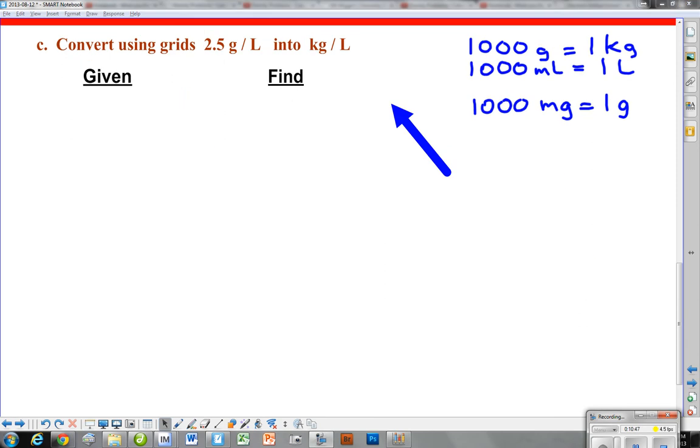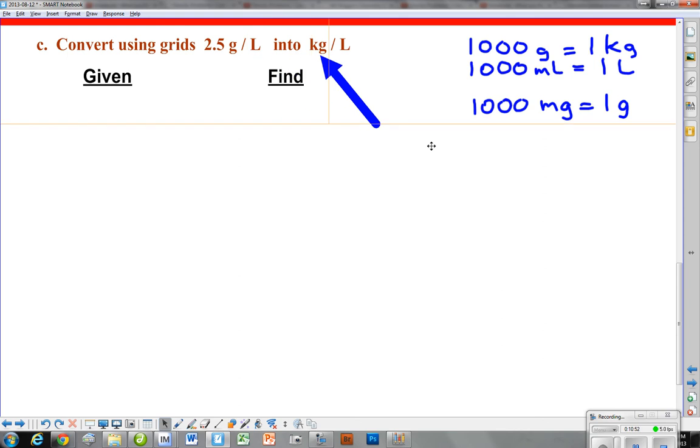Okay, in our last problem, we have 2.5 grams per liter is going to be put into kilograms per liter. So basically all we have to worry about, and let's go ahead and get up the given and find, it's 2.5 grams, and instead of writing it the way you see it up here, get rid of this slash and make sure you know what that really means.